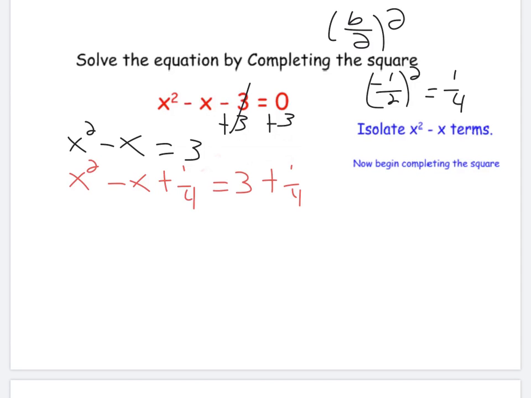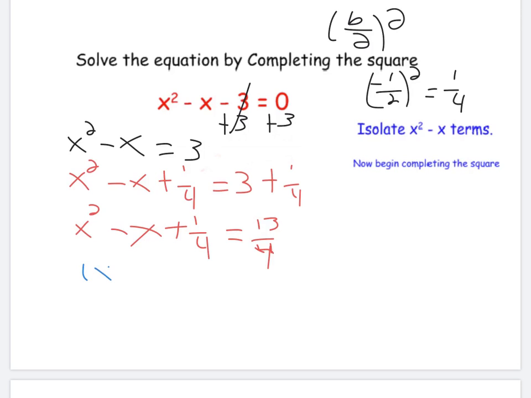So I want to simplify. So I have x squared minus x plus 1/4. And then I'm going to make this not a mixed number, I'm going to make it an improper fraction. So if I make my 3 into an improper fraction with 4 as my denominator, I would have 12/4 plus 1/4, which would give me 13/4. So now I can factor.